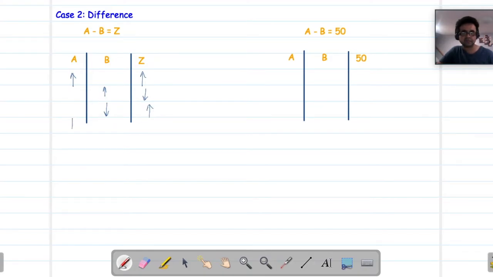And finally, if I decrease a, my z will decrease. Now let's see what happens when I do something to both a and b. If I increase a and I also increase b, I don't know what will happen. It depends on how much they increase. If I want to keep z constant, then definitely I have to increase both a and b, otherwise the difference between them would be higher, so z would not be the same.